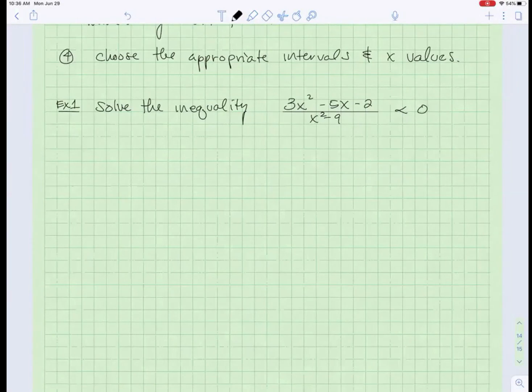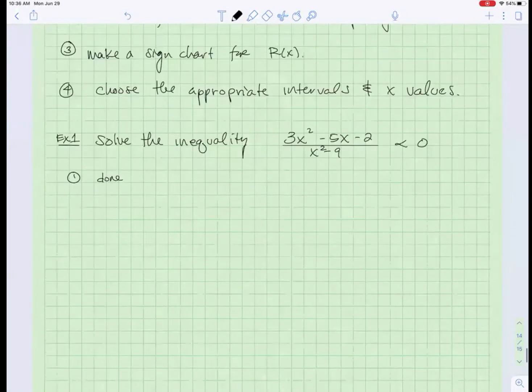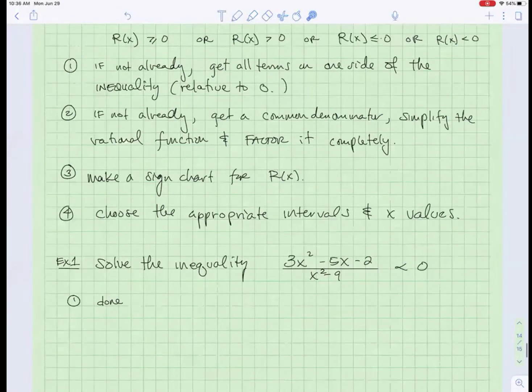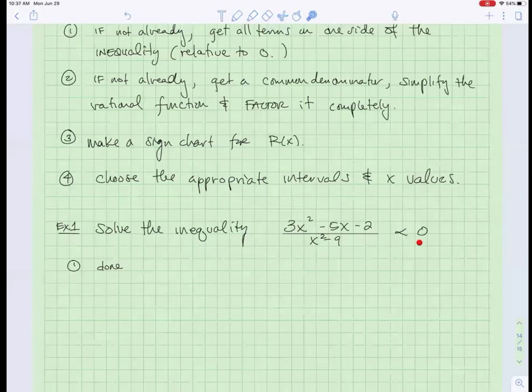So we actually looked at this function previously. We graphed it in our last graphing example in section 4.2. But we want to take a look at its sign chart here. So step 1 is already done. I already have all terms on one side of the inequality, so it's relative to 0.